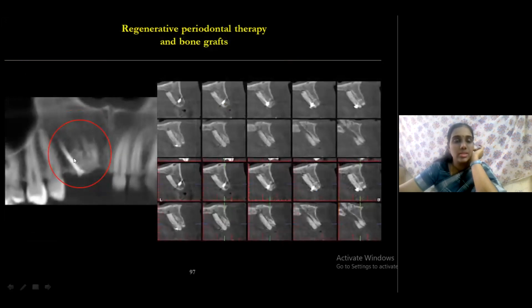This is an example of a graft placed in the region, and you can see the extent. You can easily analyze, with the help of cross sections, the position and the acceptance of the graft by the bone. So in these kinds of post graft placement cases, CBCT can be referred.